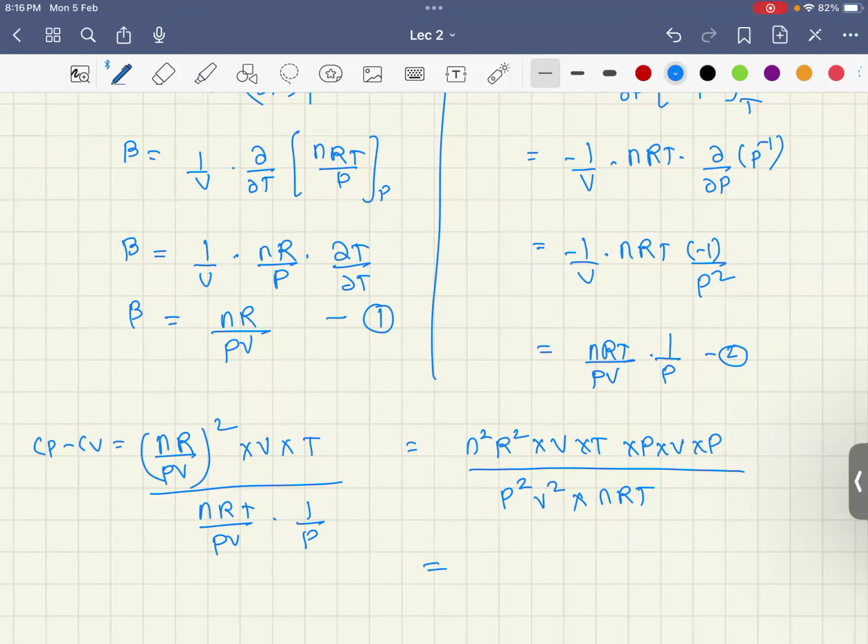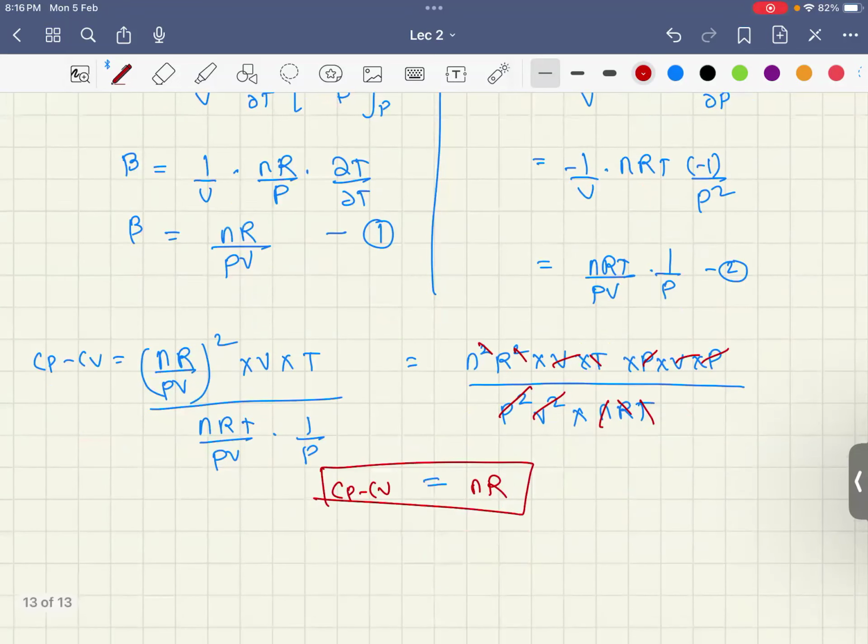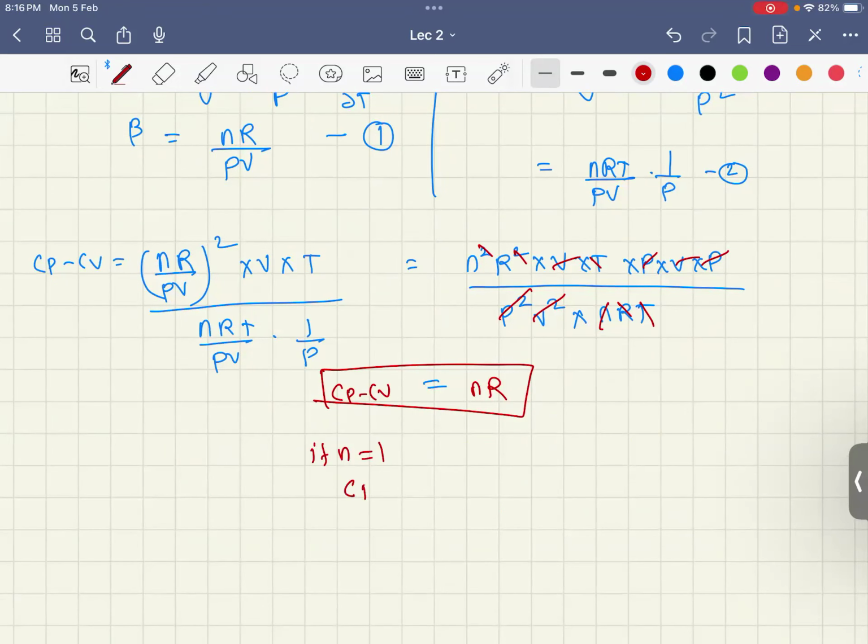So one P cancels with P square, the V square cancels, n cancels, T cancels, one R cancels. So Cp minus Cv comes out to be nR. If the number of moles is 1, it is nothing but R. Hence proved.